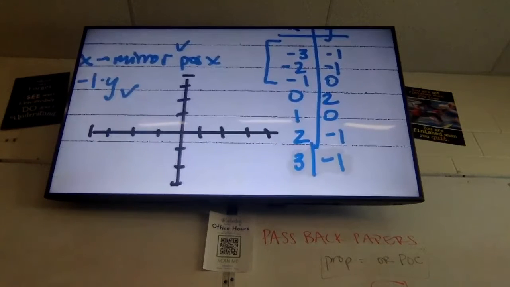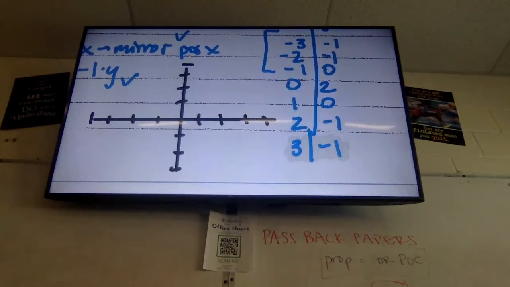Okay, so I'm going to graph all those points I just did: (-3, -1), (-2, -1), (-1, 0), (0, 2), (1, 0), (2, -1), (3, -1). Kind of a poor drawing, but it's good enough.